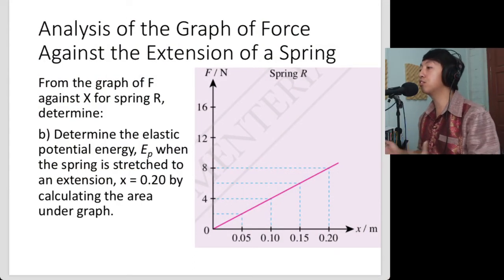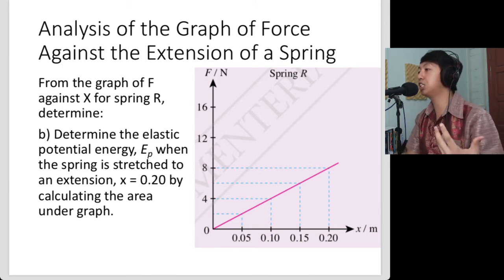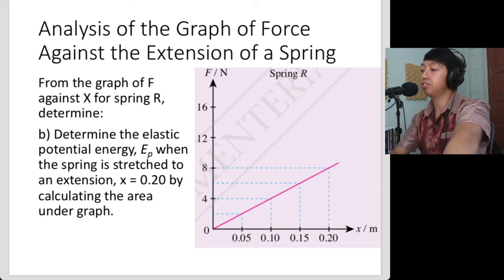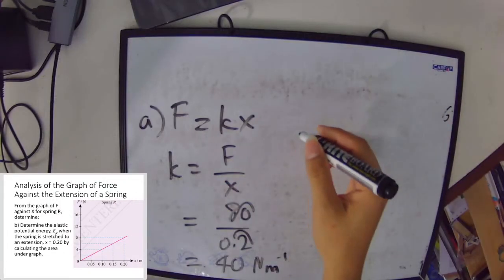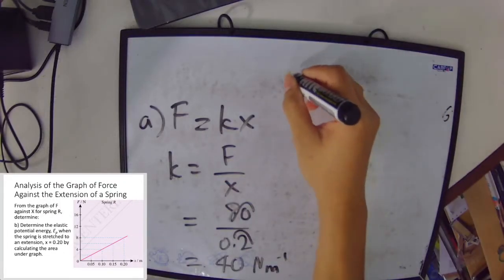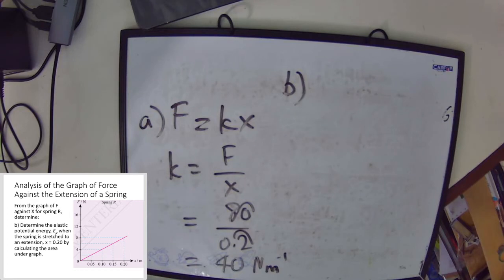Question B is to determine the elastic potential energy when the spring is stretched to an extension x equals 0.2 by calculating the area on the graph. Since it's asking us to calculate area on the graph, we'll just use the formula for that.